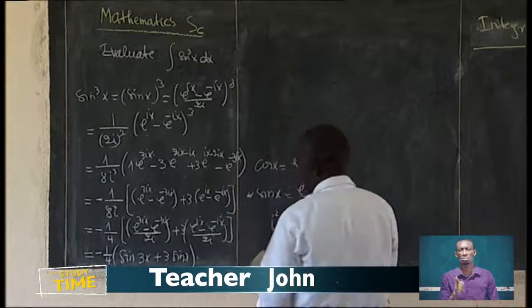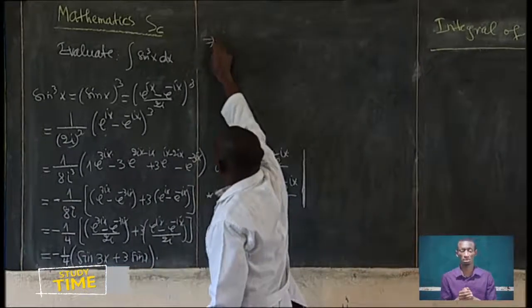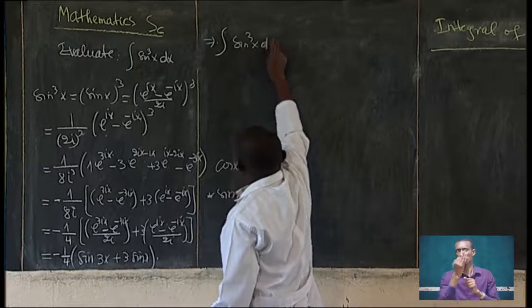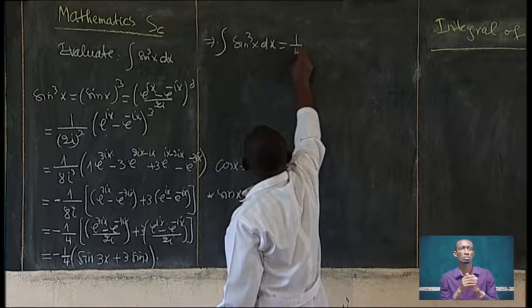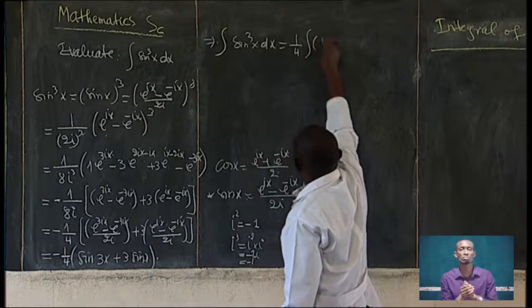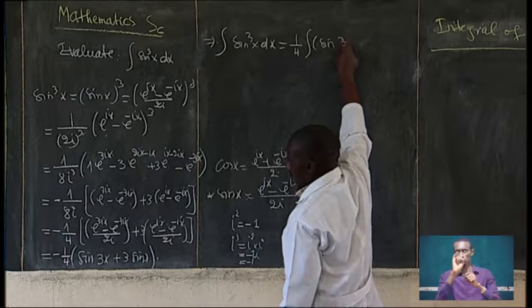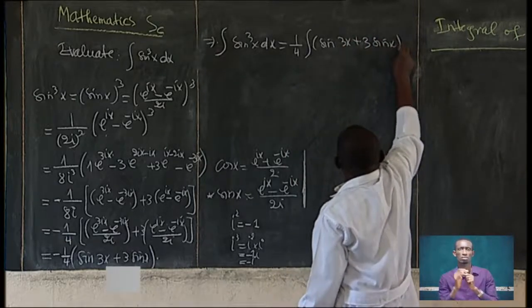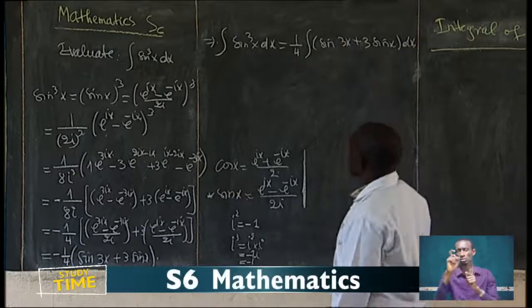This is very clear. Therefore, the integral of sine cubed x dx is equal to 1 divided by 4 integral of sine of 3x plus 3 times sine x dx.